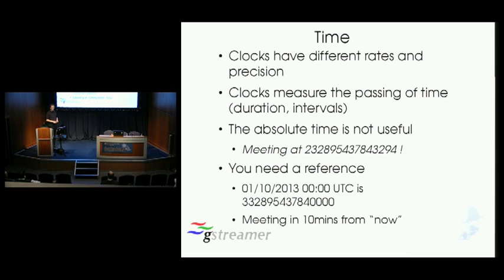We need to make sure that noon is actually noon based on some reference. And also, those watches need to be going at the same rate, because otherwise, if my watch runs slower, I will arrive at the meeting 10 minutes late for you, but I actually arrived on time. So clocks need to have the same rate, and we need to have some identical reference point in order to be able to do synchronization, arrive at a certain event or time, or say that a certain event happened at the same time for everybody.